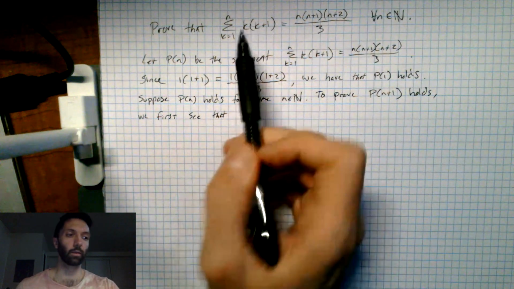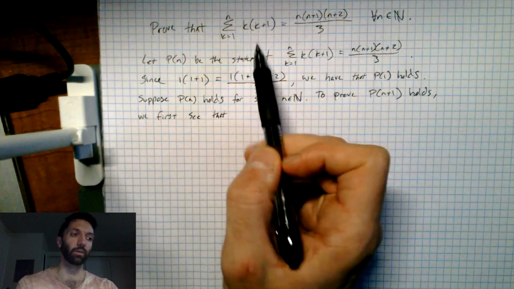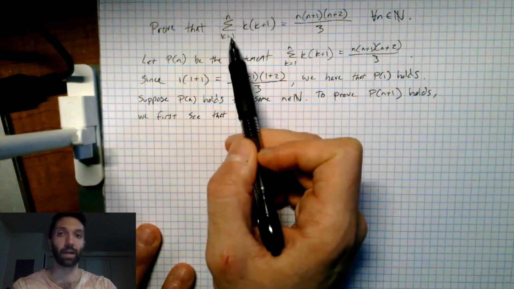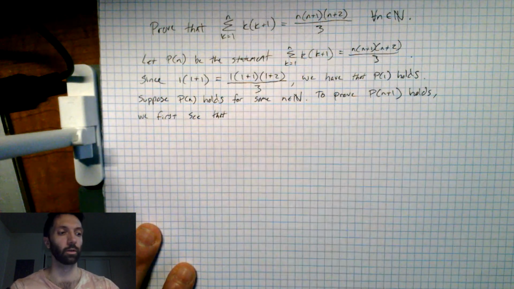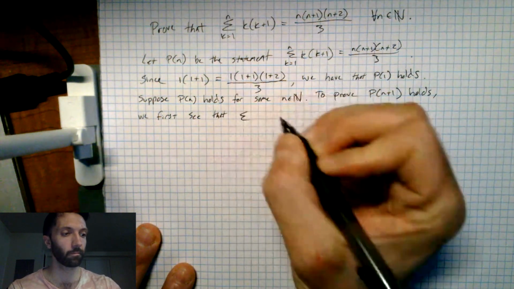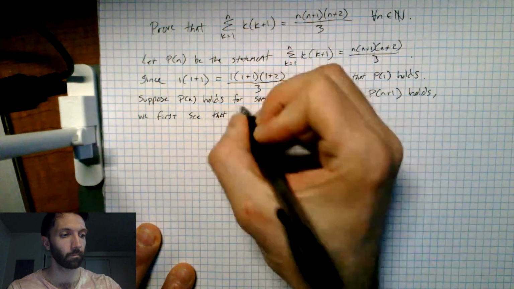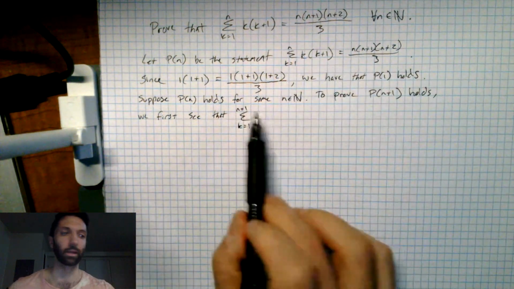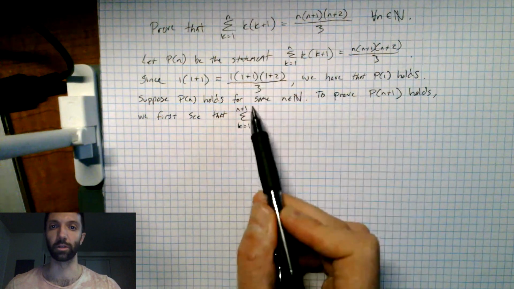So again, P of n plus 1 is going to be this summation, but instead of stopping at n, it's going to stop at n plus 1.